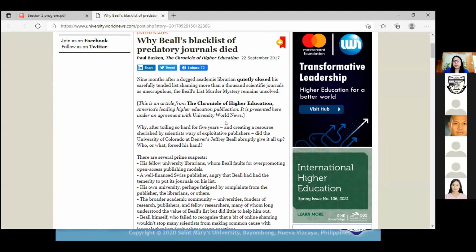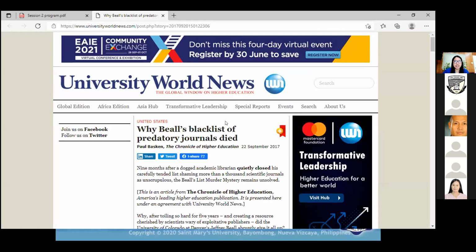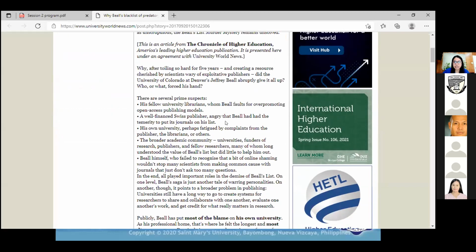Yes, ma'am. Some of the concerns presented in this article are that his fellow university librarians faulted Bill for over-promoting open access publishing models, as if Bill's is against open access journals.